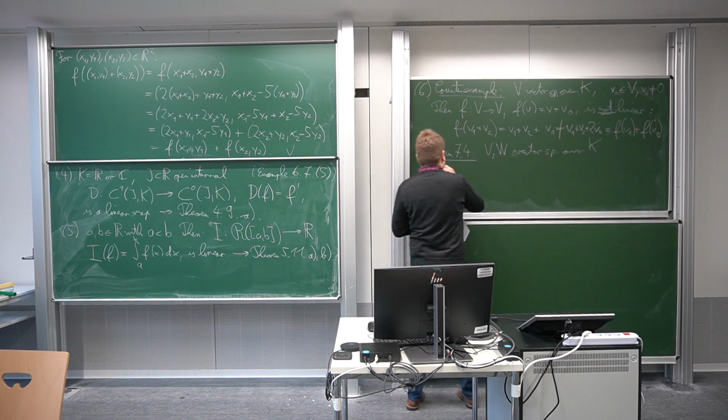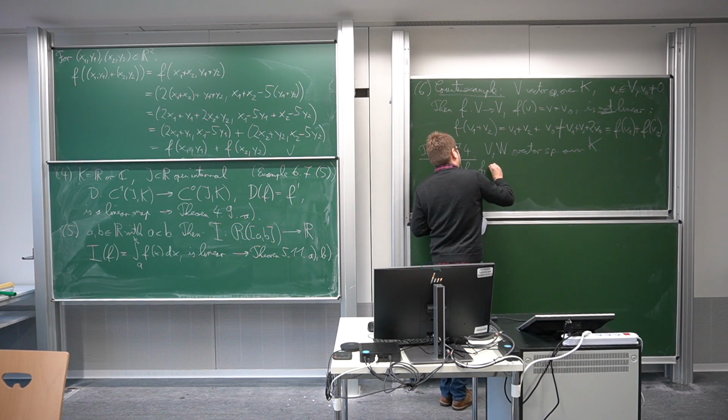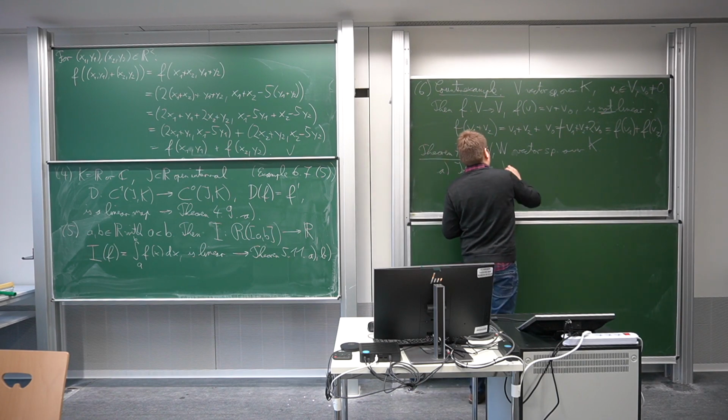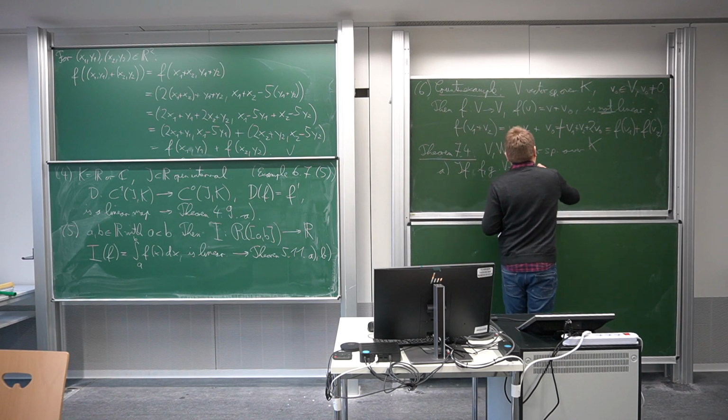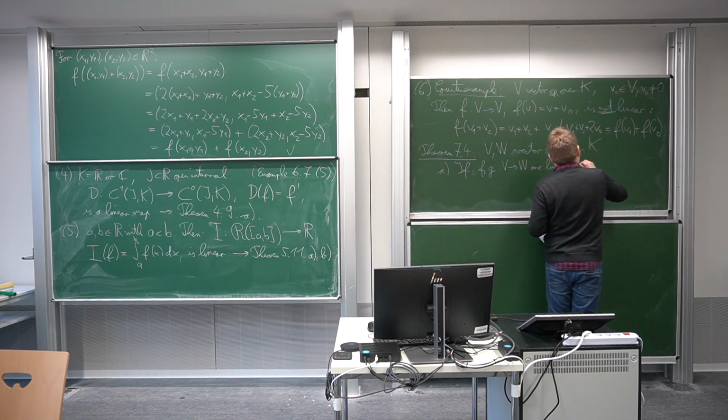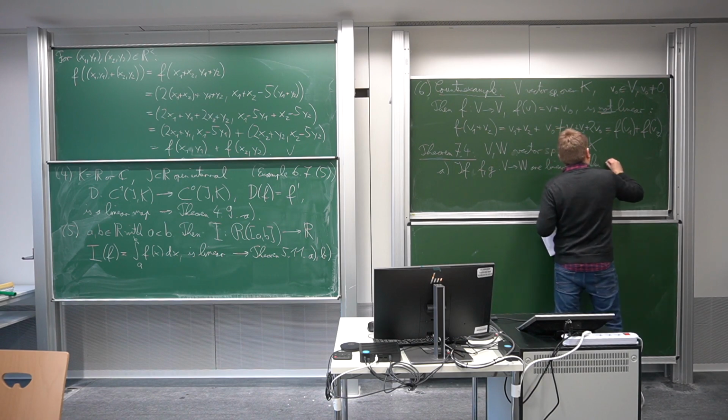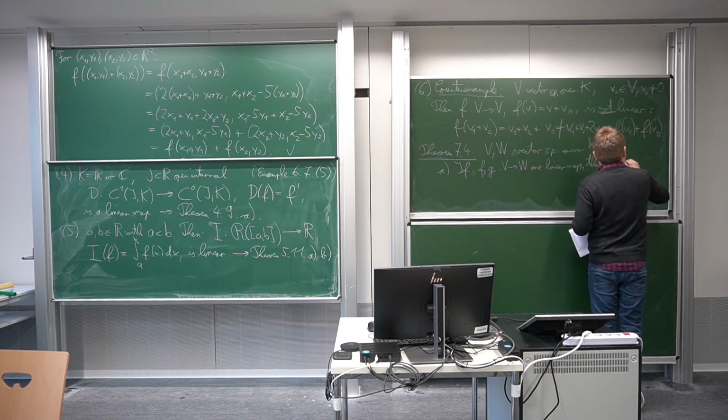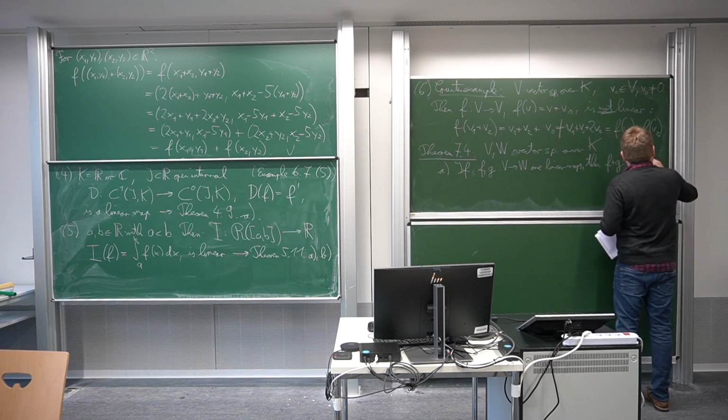Just some arbitrary vector spaces. If F and G are maps from V to W which are linear, then their sum, F plus G, from V to W is linear.